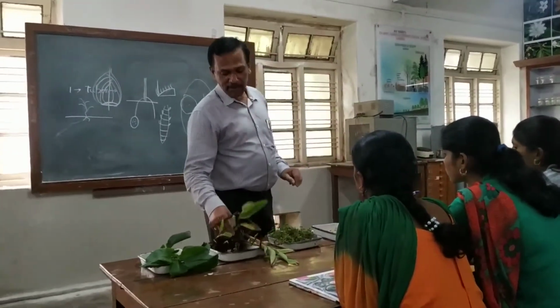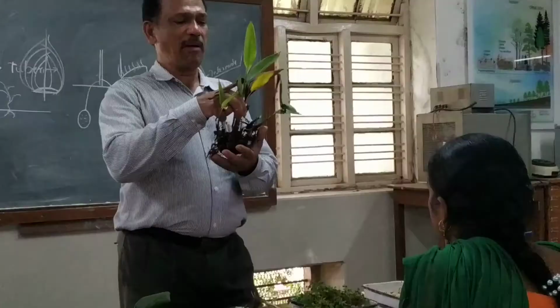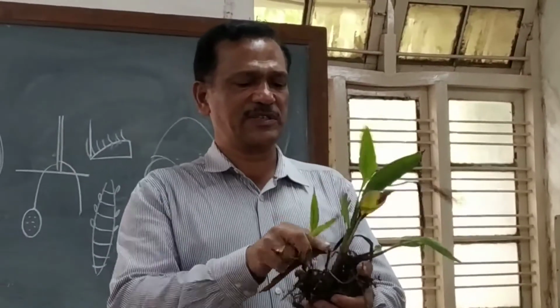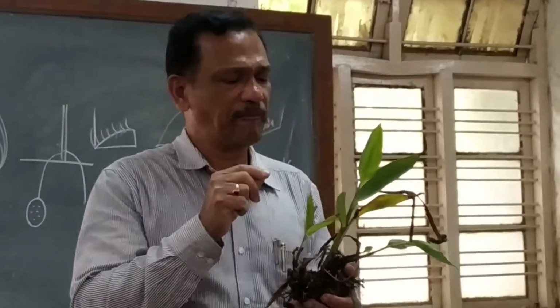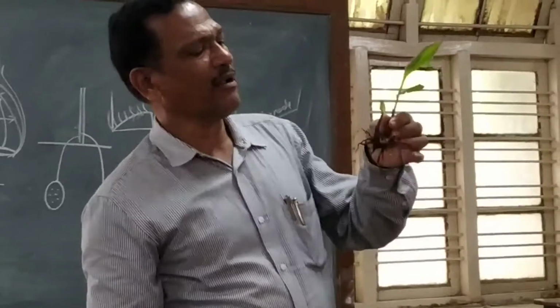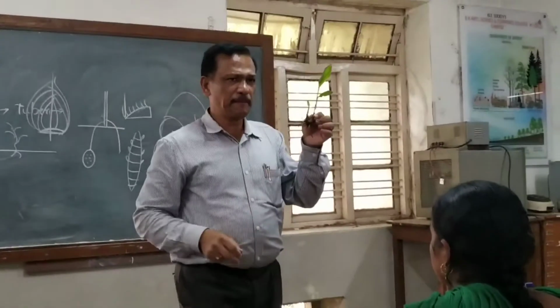And we have got another plant here of Cannaceae family, Canna species, banana family. Here we can see, this is the corm, same in case of plantain tree.